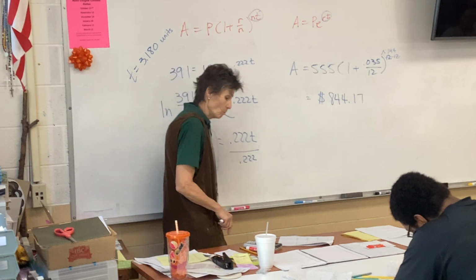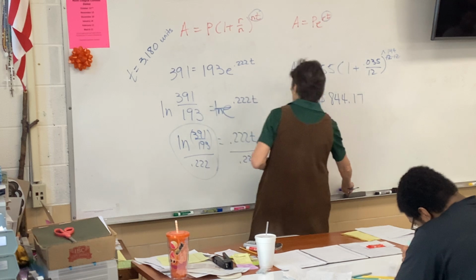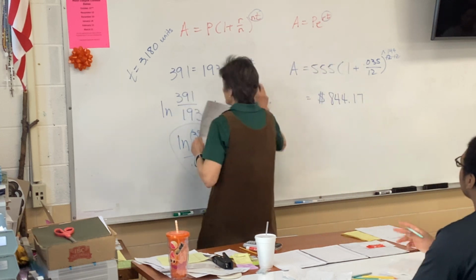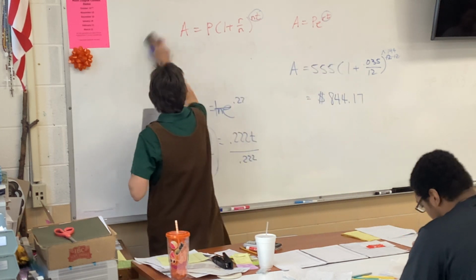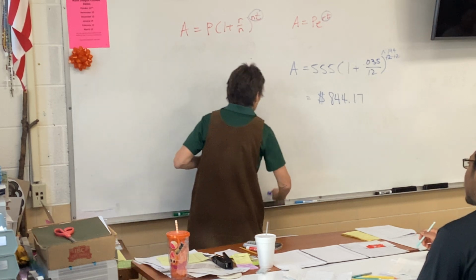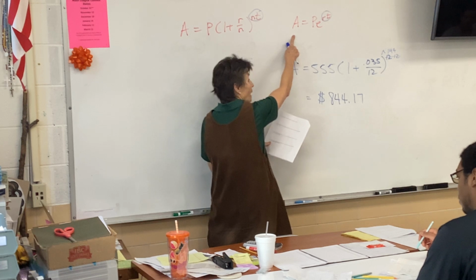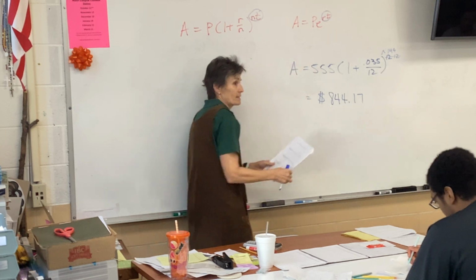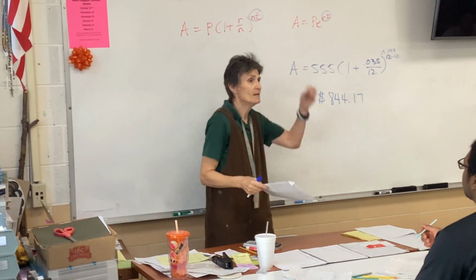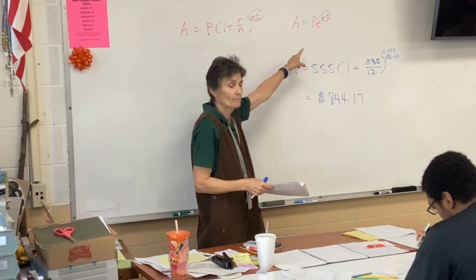Okay, what formula did you decide to use for problem 8? The small one. This one right here? How come? Compounded continuously. Guys, there can't be a bigger clue than that. Compounded continuously means continuous growth.